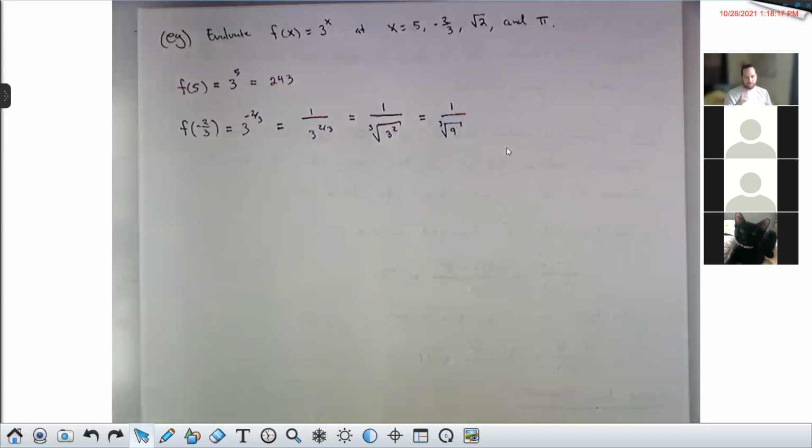I know this isn't obvious. 9 isn't a perfect cube, right? If 9 was a perfect cube, then I could tell you exactly what this is. Are there any nearby numbers to 9 which are perfect cubes? 8. Yeah, 8's a perfect cube, right? 8 is 2 cubed, 2 times 2 times 2. So 9 being a little bigger than 8 should have a cube root a little bigger than 2. Let me make a little note here.